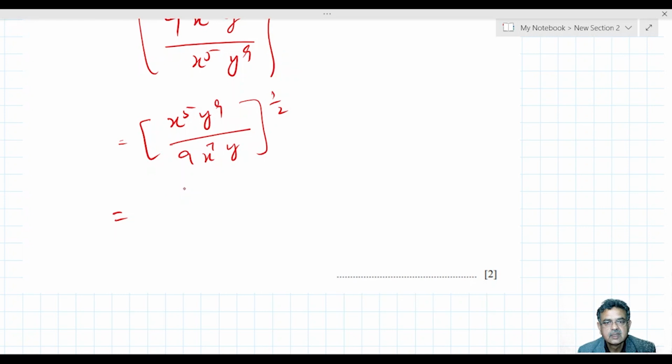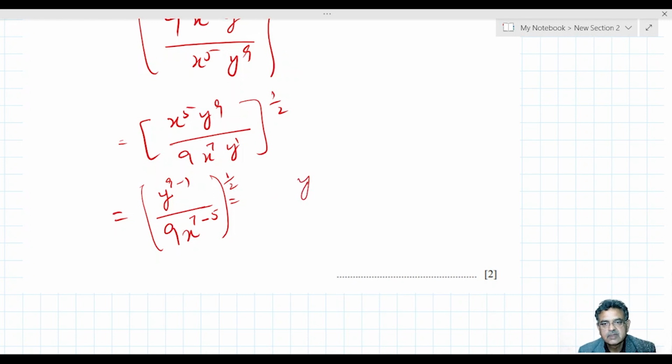So it will be y raised to the power 9 minus 1. This 1 is shifted upwards, and this x power 5 will be shifted downwards in order to keep the value of indices positive, and whole power is 1 upon 2.